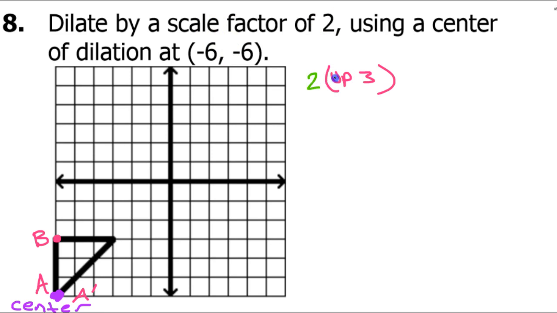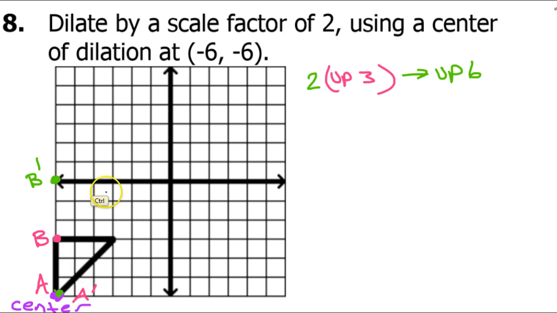So that means you're going to multiply this by 2. So that means you're going to go up 6. So from the center, if I go up 6, that's going to put me right here. So that's going to be the image B prime. You know what? I should have done A prime in green. Anyway, here I will put a little green right there.